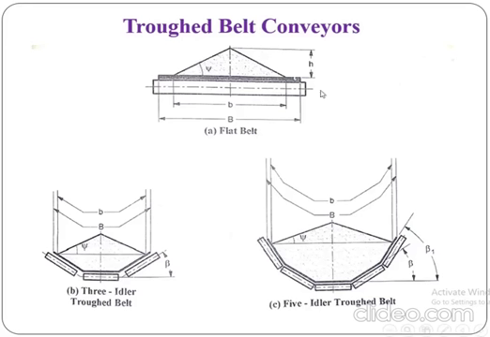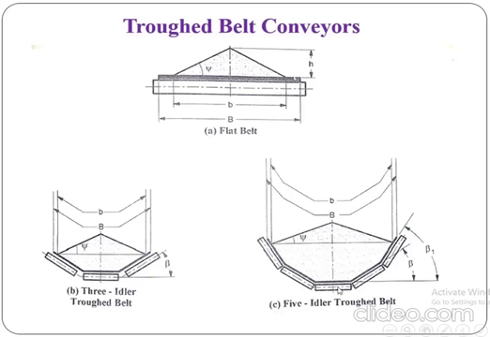As you see the 3 idler trough belt and 5 idler trough belt, in that case the storing of material is increasing while using the 3 idler trough belt, or again it is increasing in the 5 idler trough belt because of the number of idlers we are using.